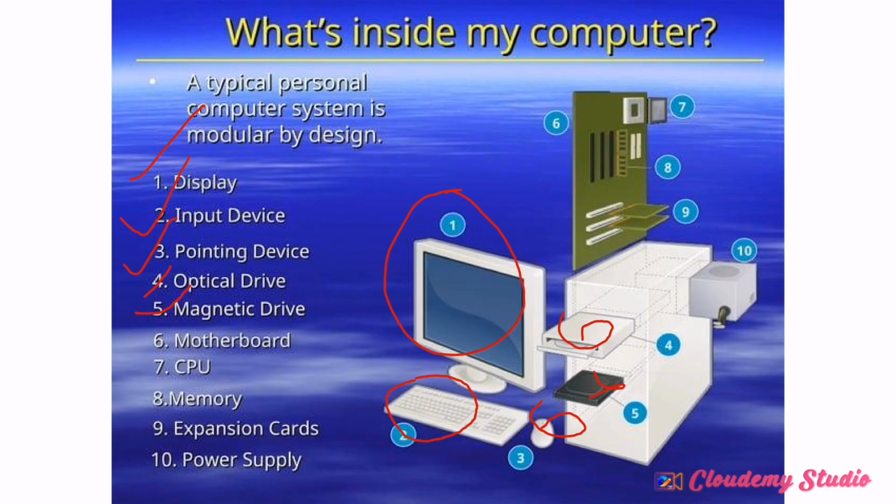Then we have number six, which is the motherboard. This is the motherboard. Some of you are familiar with computers and desktops, and phones too, though in the phone we call it the panel, but it's the motherboard. I don't really know the difference between the panel and the motherboard.